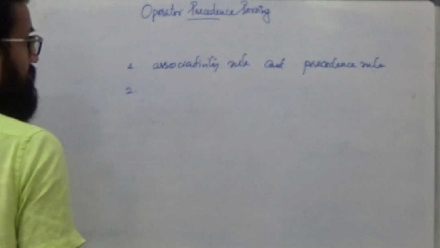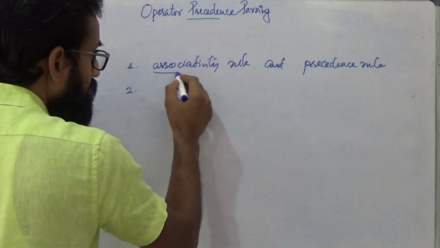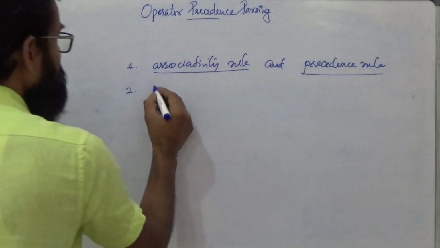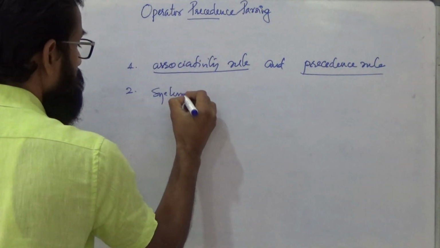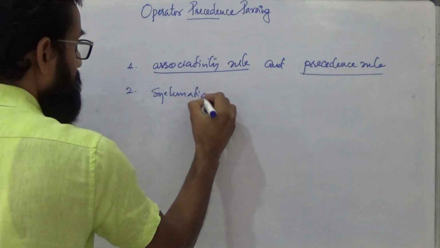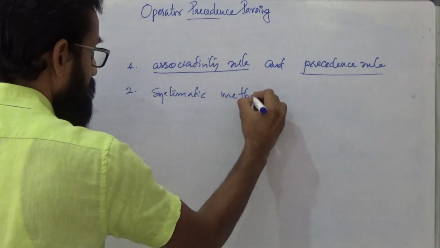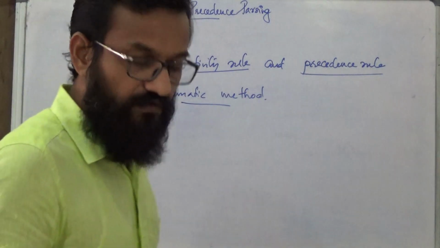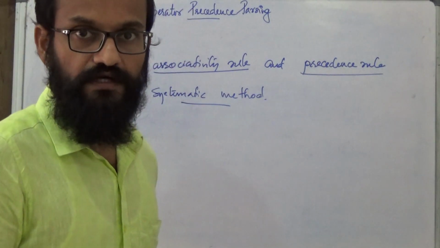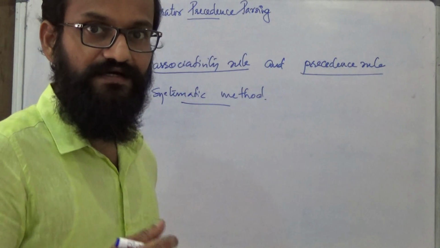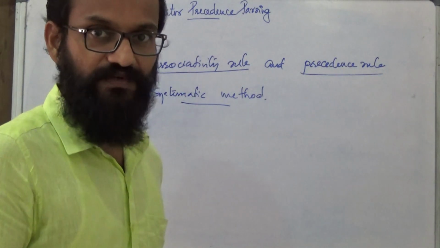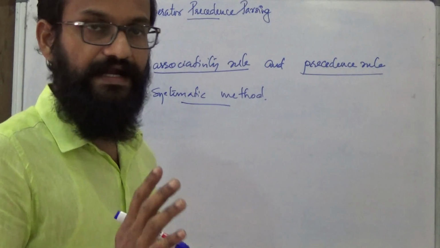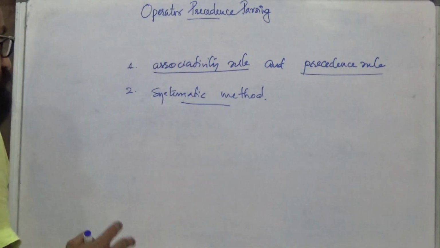Second method is, rather than following the associativity rule and precedence rule, you can directly use a systematic method. In this method, if you are given a grammar, first you have to verify whether it is ambiguous or not. If it is an ambiguous grammar, try to eliminate ambiguity. So first you have to rewrite the grammar to obtain an unambiguous grammar.